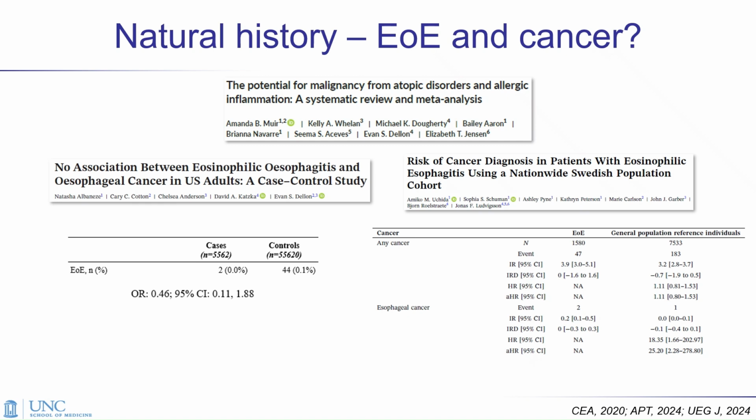And this was a study here using US data and insurance databases and a study in Sweden. And this is a meta-analysis of all of the literature. And basically, there is not evidence that EoE is a cause of cancer. And so that's, I think, really reassuring, but this is clearly something that people are researching. But for right now, that's at least one thing people who have EoE don't need to worry about.